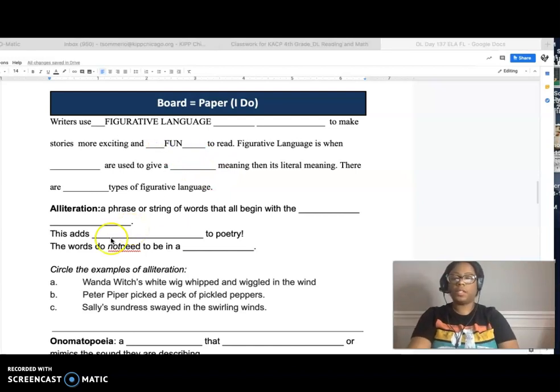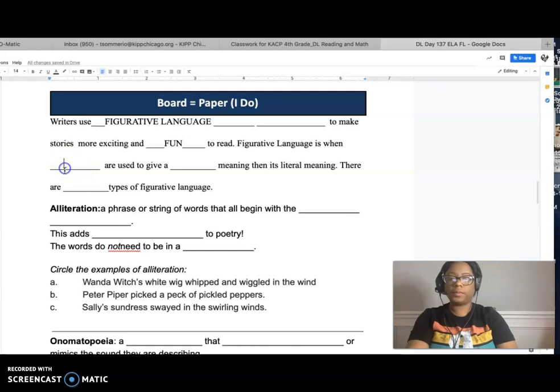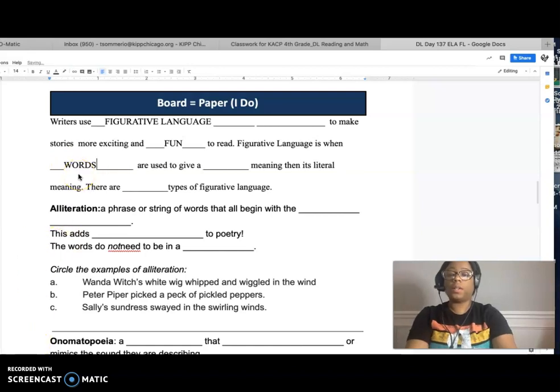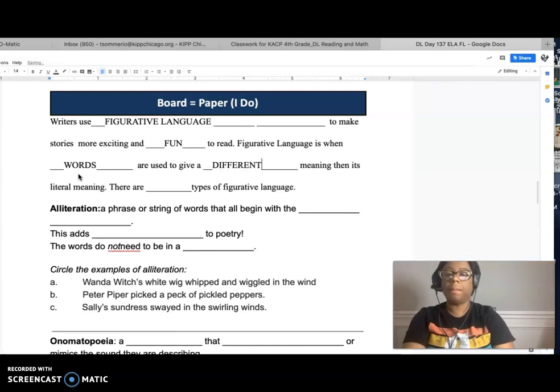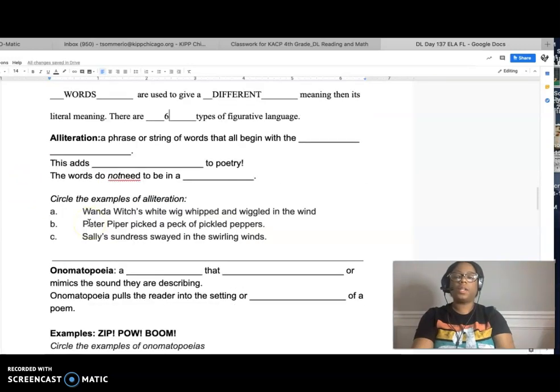Figurative language is when words are used to give a different meaning than the literal meaning. There are 6 types of figurative language.